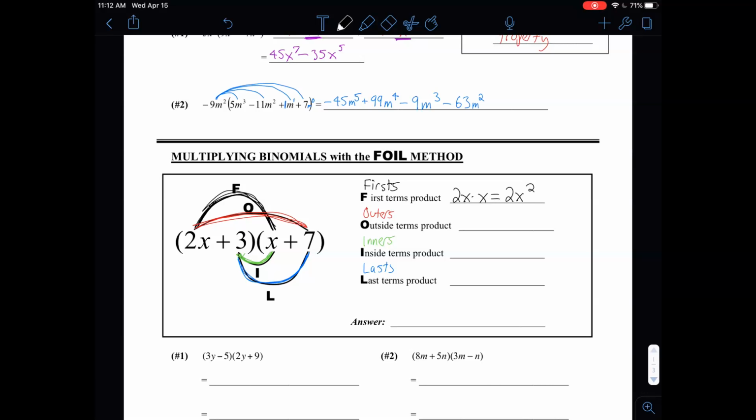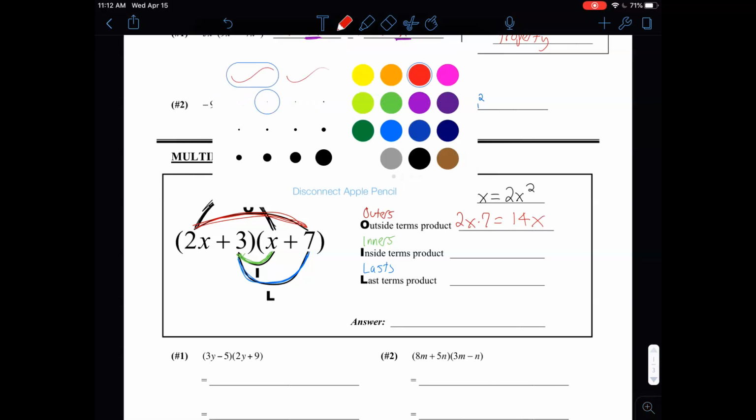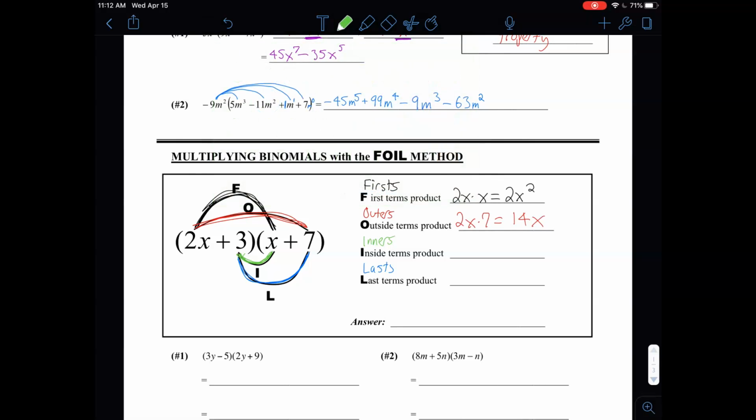We did 2x times x, which is 2x squared. Now we're doing 2x times 7, which is the outsides. What is 2x times 7 going to be? Hopefully you said 14x. Then we got the green. Now we're doing the insides. We did the firsts, and that's what these stand for. The firsts are the first two.